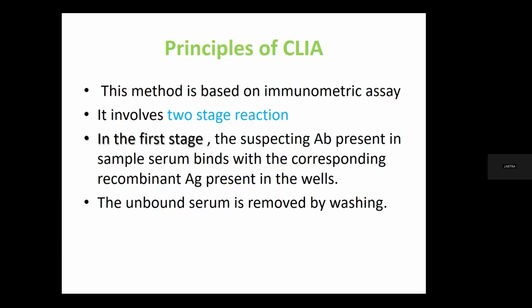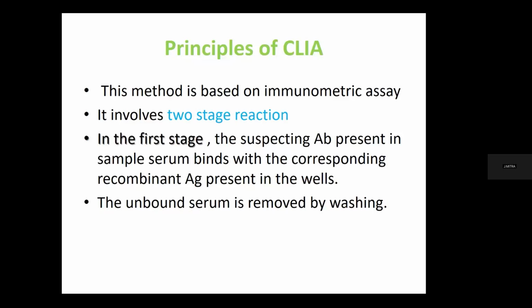So what is the principle of CLIA or chemiluminescence immunoassay? As the name suggests, the method is based on the immunometric assay, and it involves a two-stage reaction. In the first stage, the suspected antibody, if present in the sample tested, binds with the corresponding recombinant antigen present in the well.